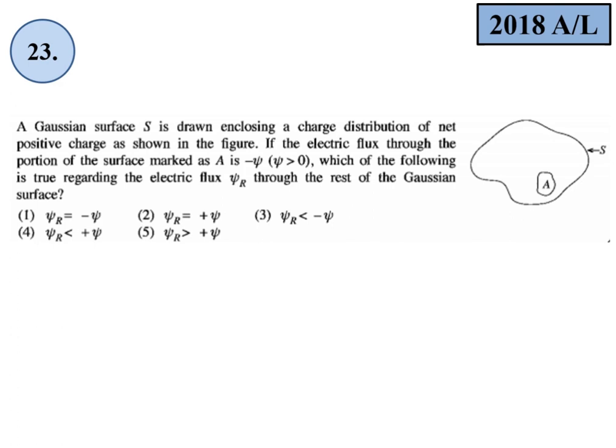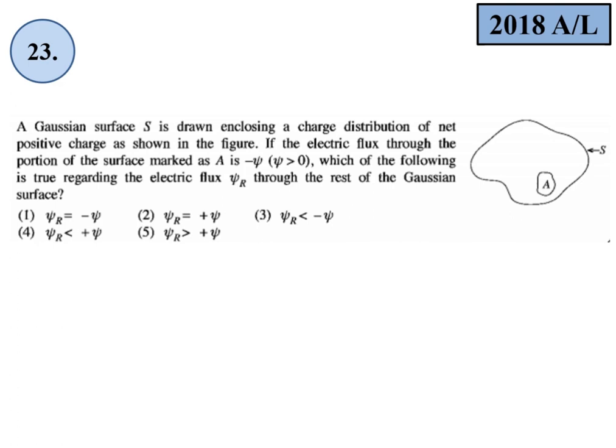The question says capital S is a Gaussian surface with a net positive charge, with a marked small area capital A that has a flux greater than 0, and the rest of the area, not including capital A. They ask which statement is true regarding the flux through the rest of the Gaussian surface.